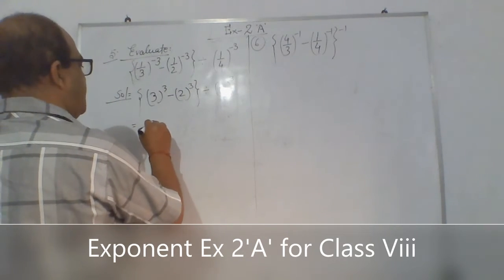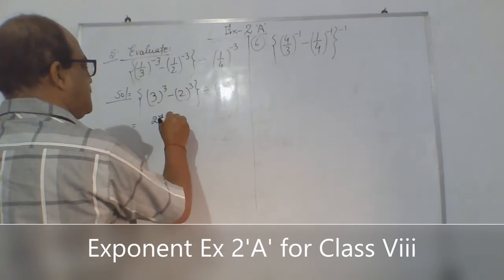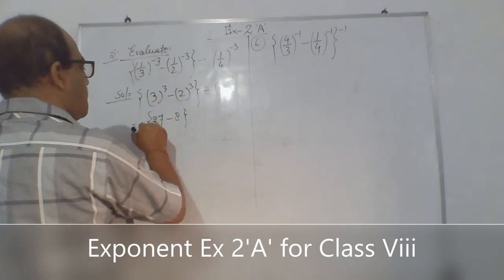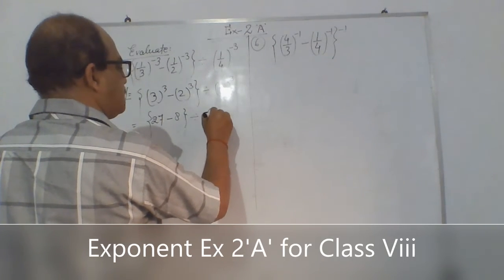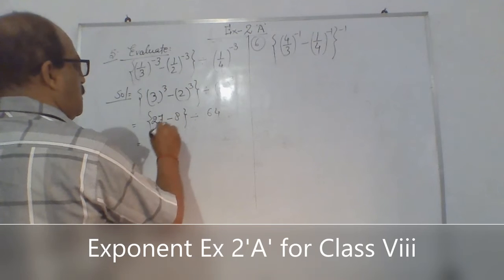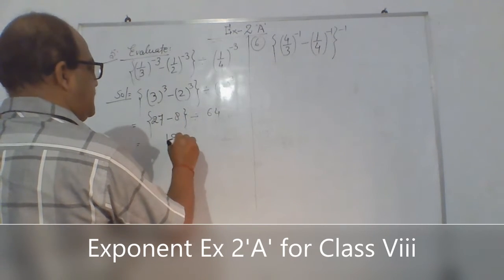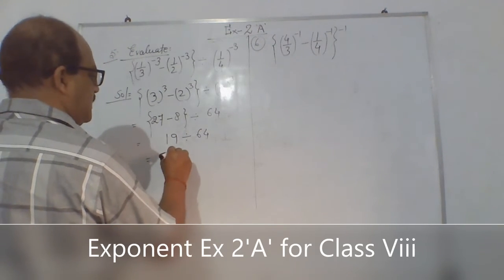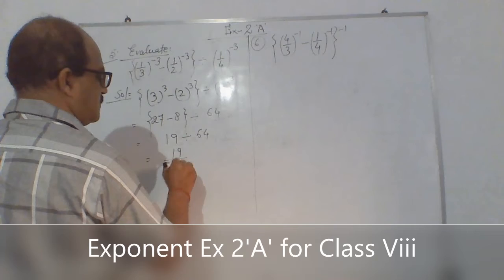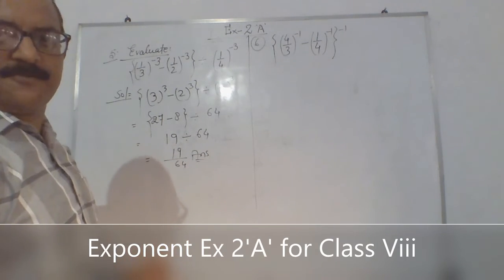When we simplify it, 3 3s are 9, 9 3s are 27, 27 minus 8 divided by 4 4s are 16, 16 4s are 64. So 27 minus 8 is 19, 19 divided by 64. The answer is 19 by 64. This one is the simplification of question number 5.